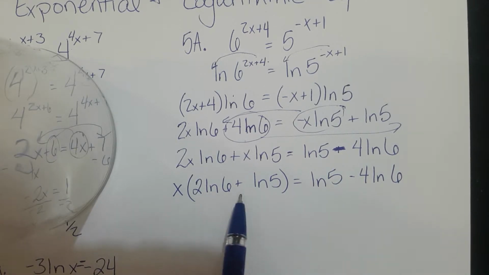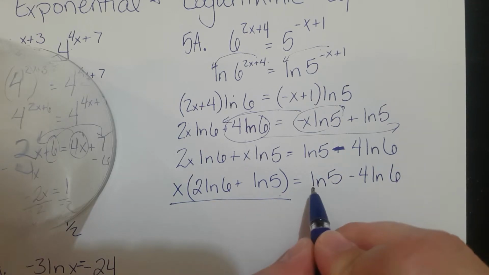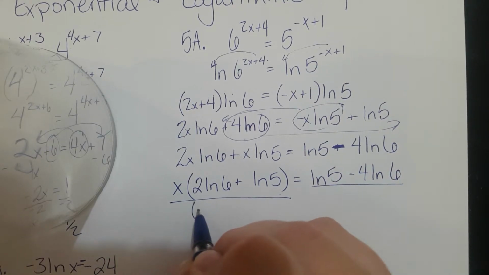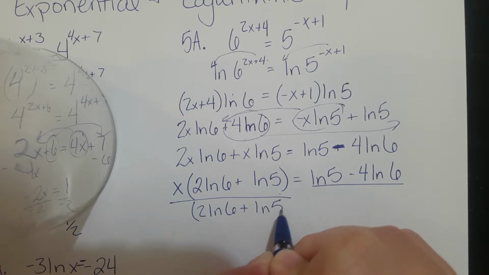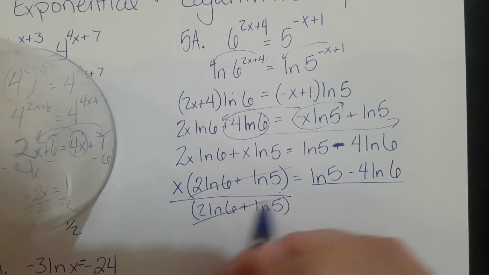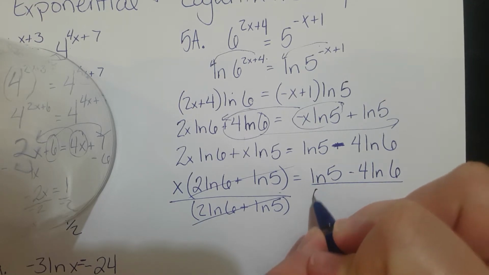And notice that x is being multiplied by this whole big thing. The opposite of multiply is to divide. So just simply divide by it, and it'll cancel on this side, which is our goal, because then you'll just have x left. And of course, whatever you do on one side, you always have to do on the other.